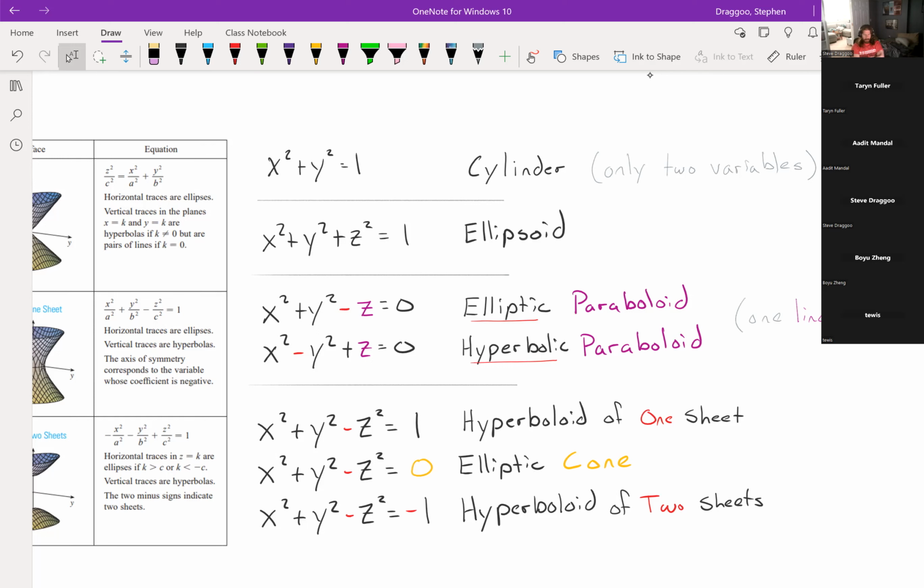I've got it organized so that all of my variables are over on one side. And I'll set it up so that 2 of them are positive and 1's negative. And if I just focus for a moment on the 2 terms that share the same sign, it's like x squared plus y squared. So let's just ignore the z squared for a moment and look at what it's equal to on the other side.